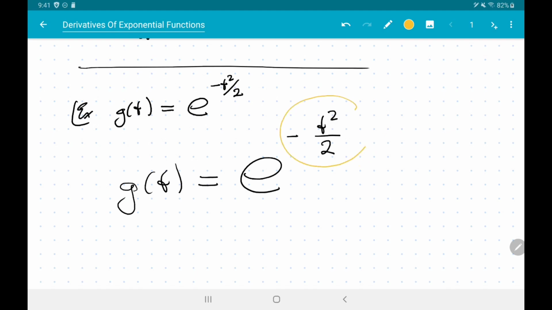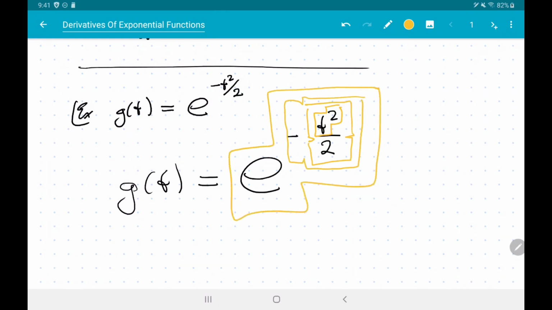So within this structure, there's an exponent, there's division, and then the multiplication by, well, the negative there is effectively multiplication by -1, and then finally, the very last operation is e to the power.